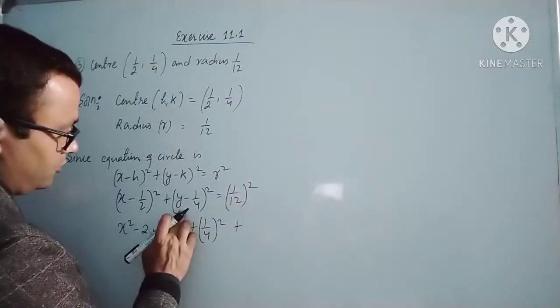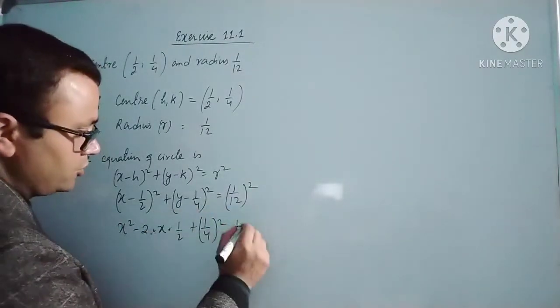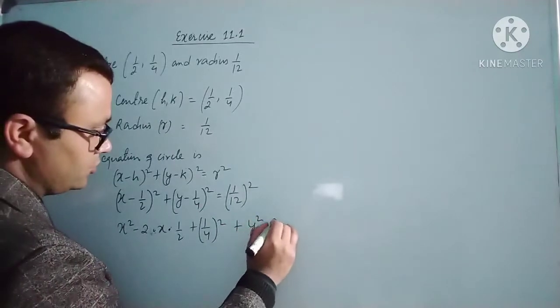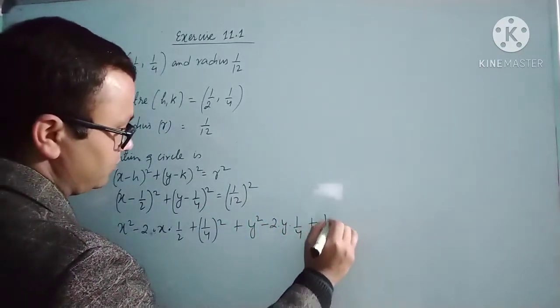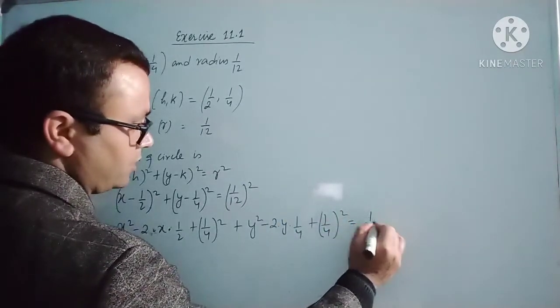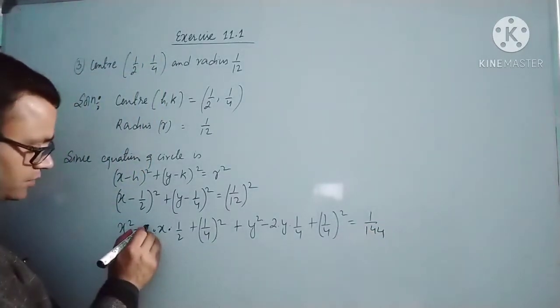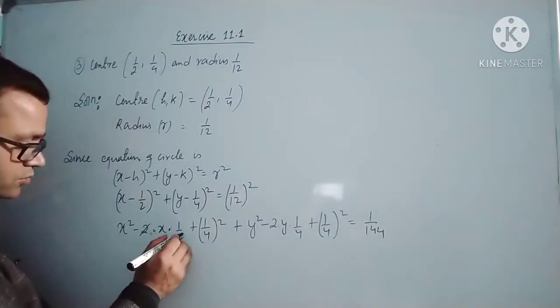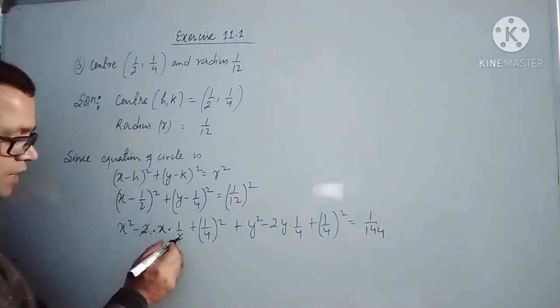Now here also the same (a - b)². So (a - b)² is a² - 2ab + b², (1/4)², equals (1/12)² which is 1/144. So we can cut 2 and 2.